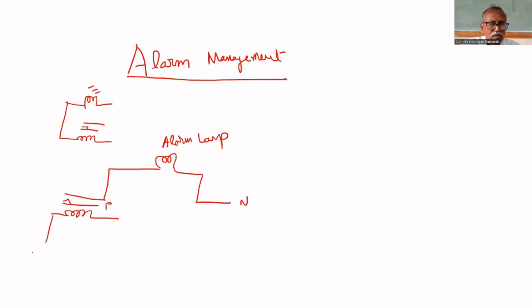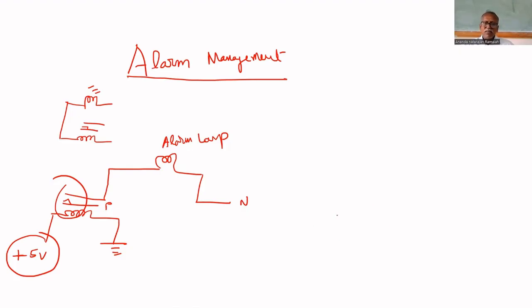The signal, say 1, means plus 5 volt is available, and this is grounded. When the pressure exceeds, the sensor will give plus 5 volt. That's why this relay will be energized and it will close this contact so that this lamp will glow. This is conventional. The same can be done by using PLC.